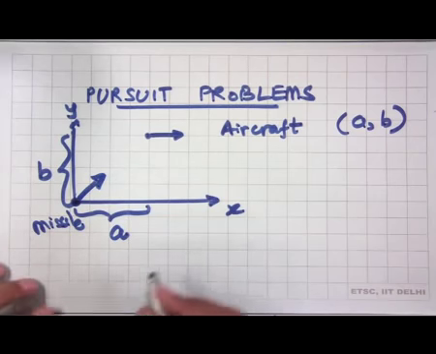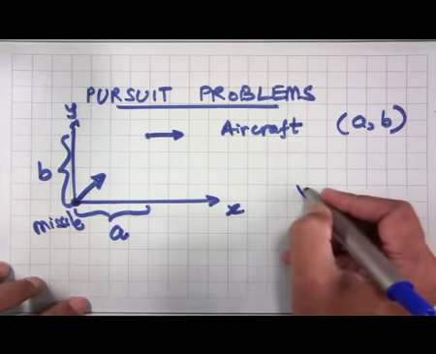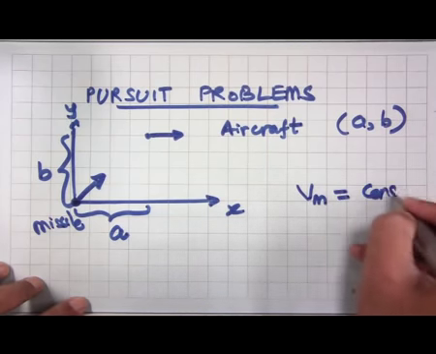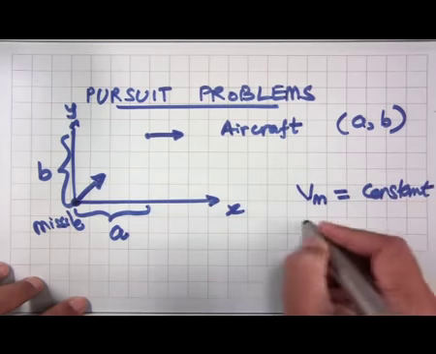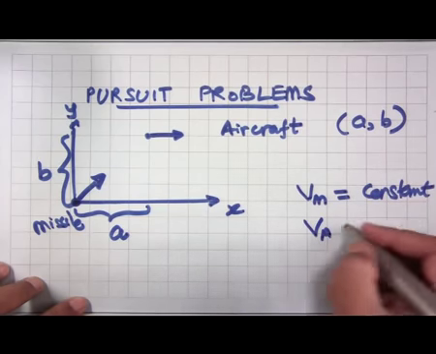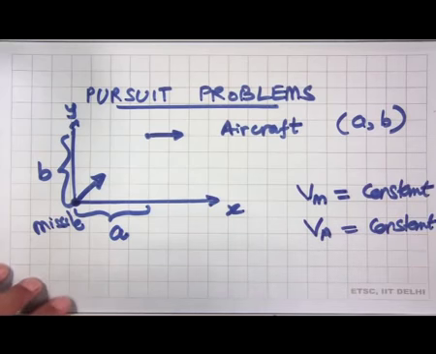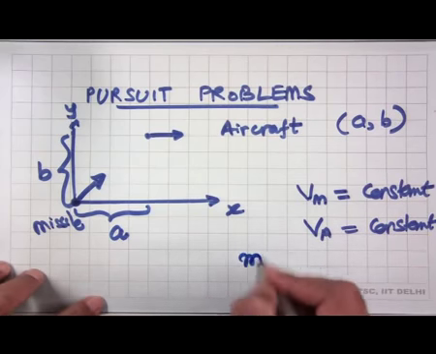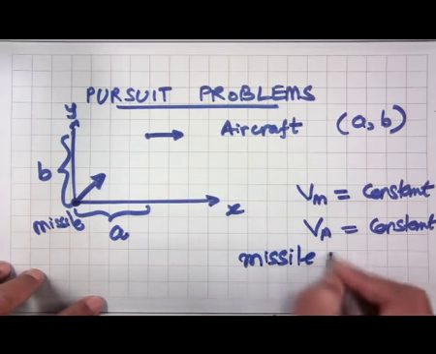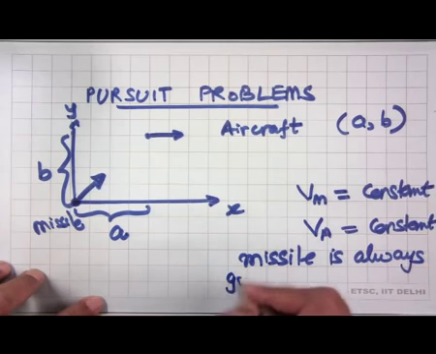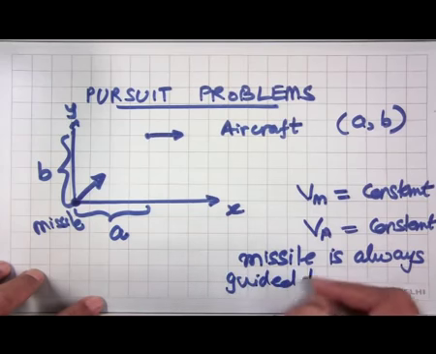Now, what is given to us is that the speed of the missile Vm is constant, and the aircraft has a speed Va, which is also given to be constant, and the missile is always guided towards the aircraft.